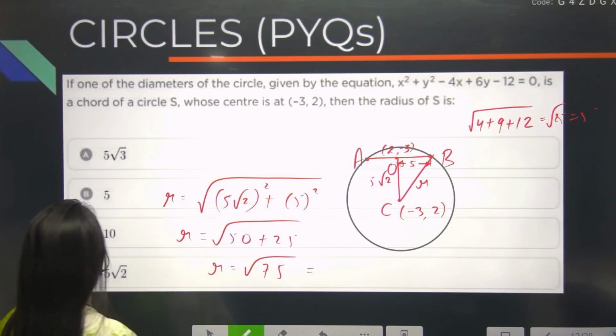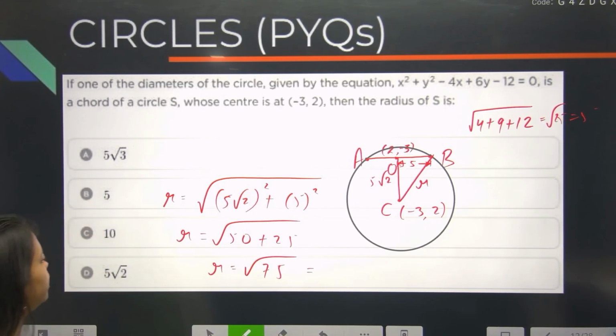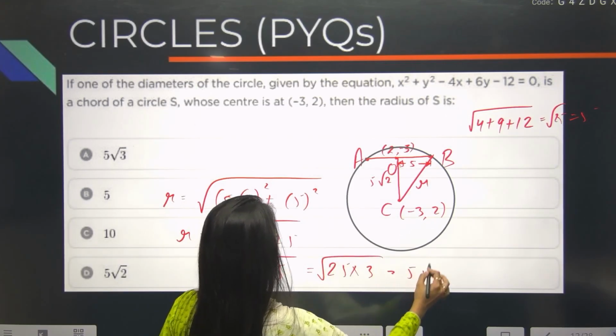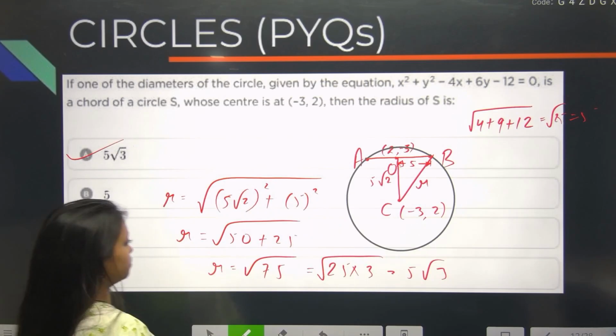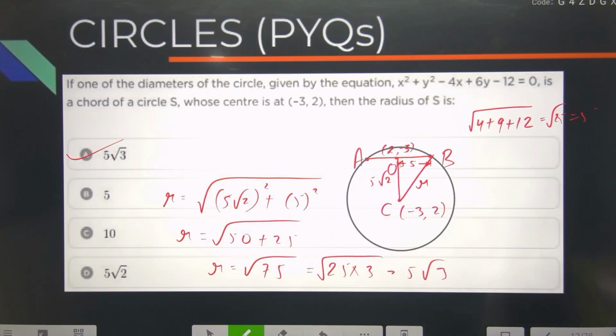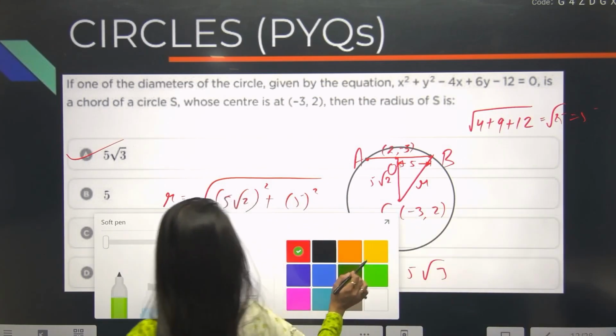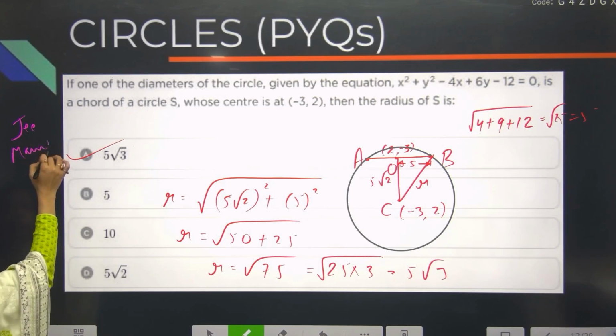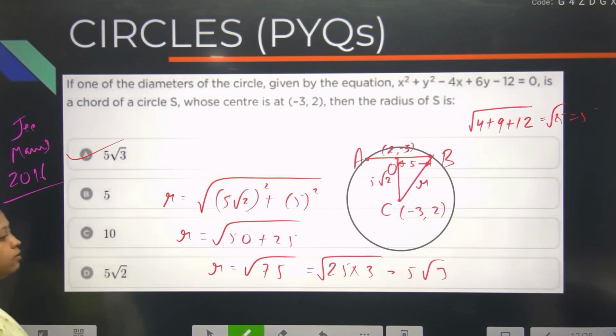This is what? 5 root 3. This is 25 times 3, no? This is 5 root 3. This was in JEE Mains 2016.